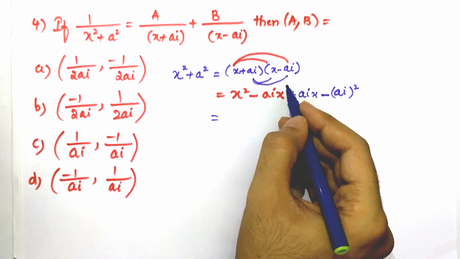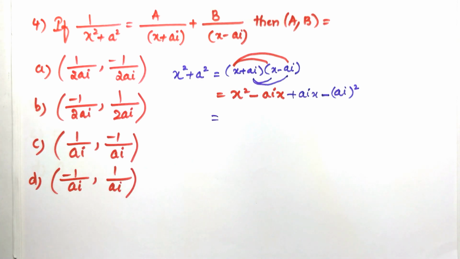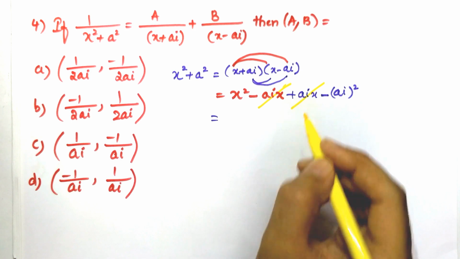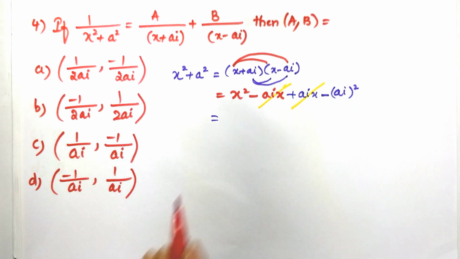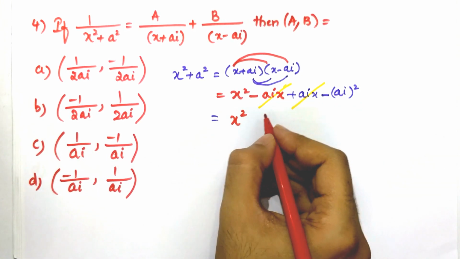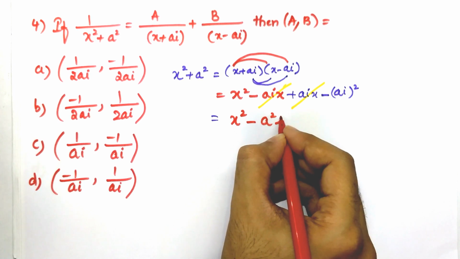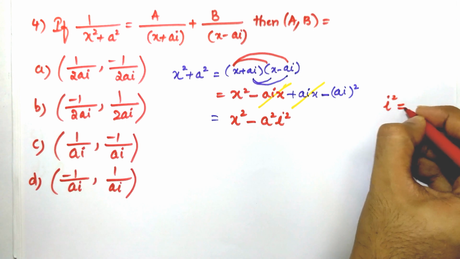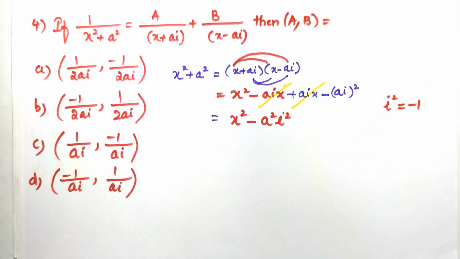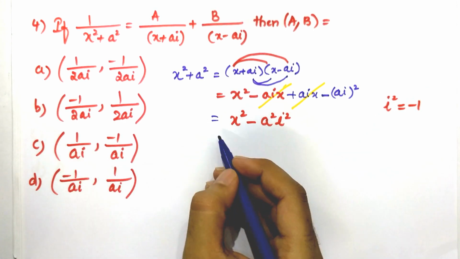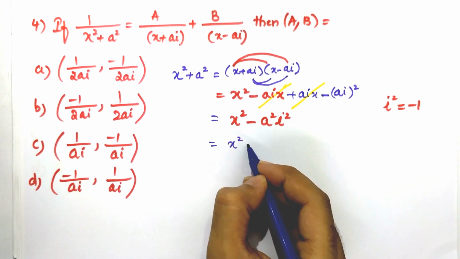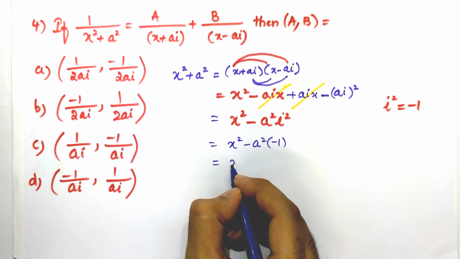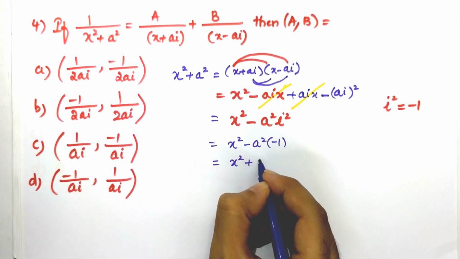Now you can see this plus and minus can cancel out, minus aix and plus aix. So the leftover value is x square minus a square i square. From complex numbers we know that the value of iota square is minus 1. So i square can be replaced by minus 1. So x square minus a square of minus 1, and minus of minus would become plus: x square plus a square.